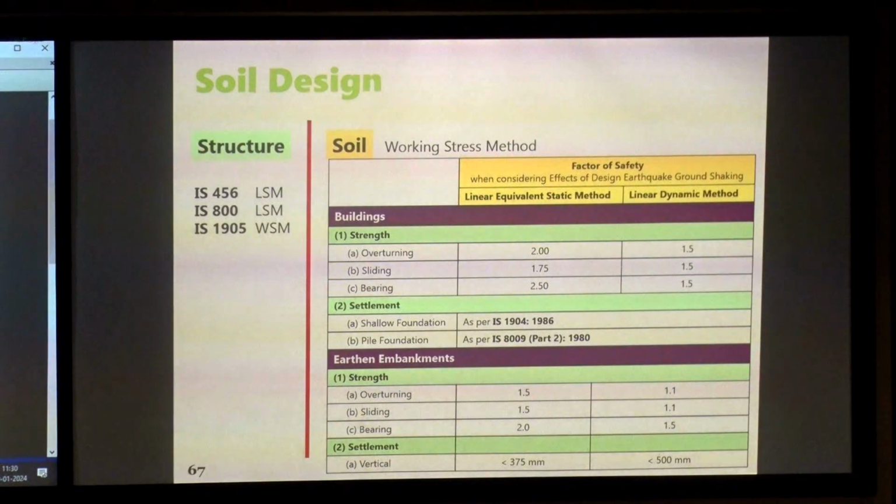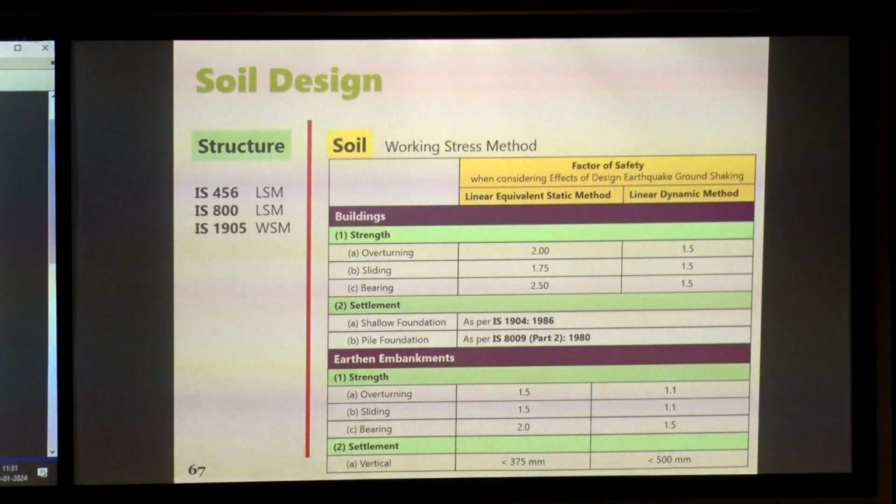And here the emphasis is to bring in flexibility. Now this is not to be confused or interpreted as the code requiring a soil structure interaction study to be carried out. No, it is not that. As a first step, the only thing that we intend to account for is the flexibility part, not the inertia part of the soil, not the inertia of interaction between soil and structure.